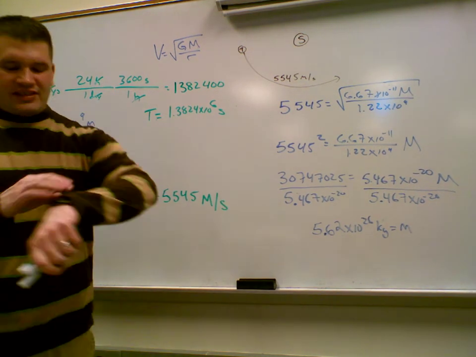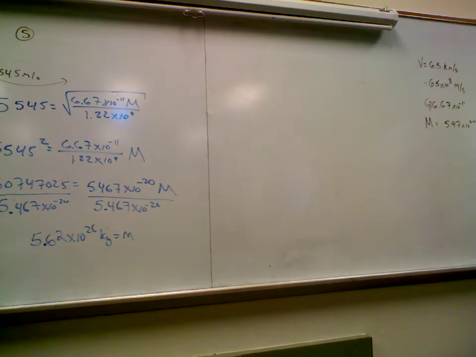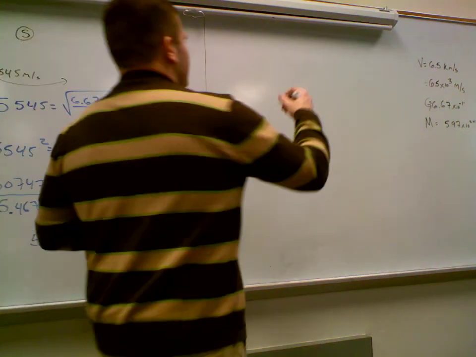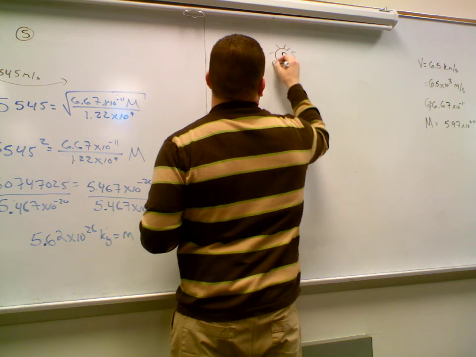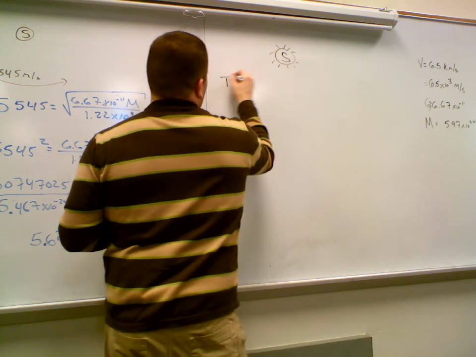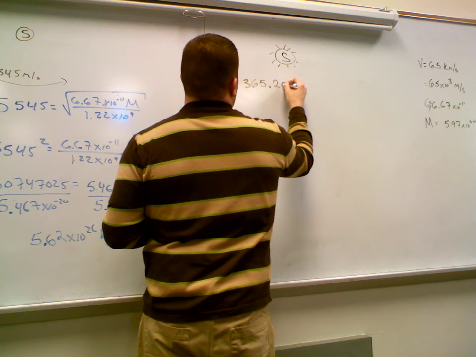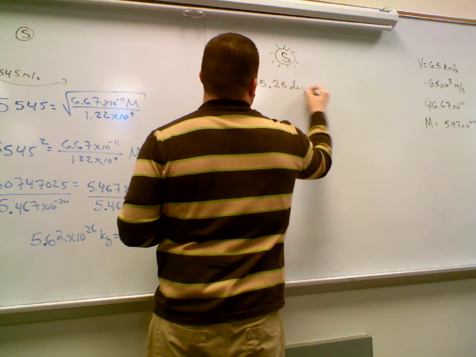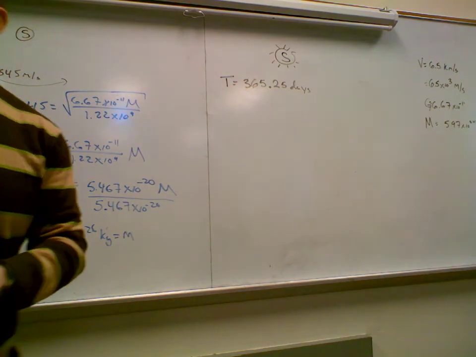Now the second question, I know we got a little bit of time, so we'll get the second one set up. The second question said, what is the mass of the sun given the Earth, right? What's the orbital period for the Earth? 365.25 days. That's why leap year happens every 4 years.